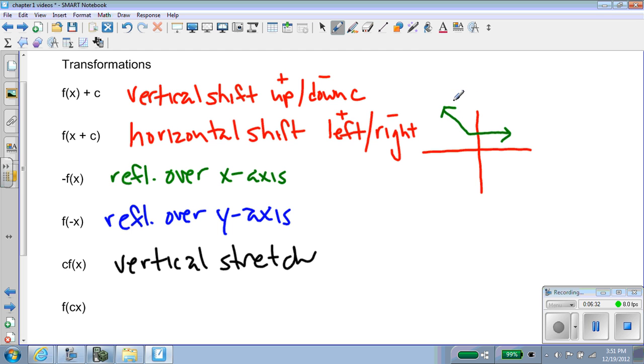So however high it is, it's that many times higher. Or if it's negative, it's that many times more negative. f of cx is a horizontal stretch. So however wide it was, it's stretched wider or compressed narrower. So these were like our period changes.